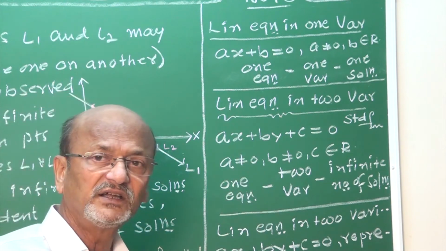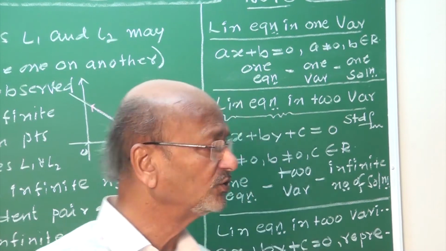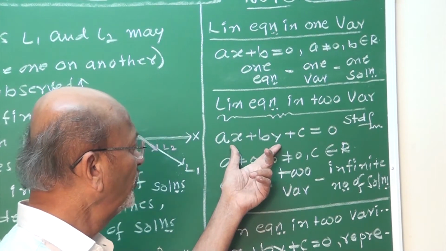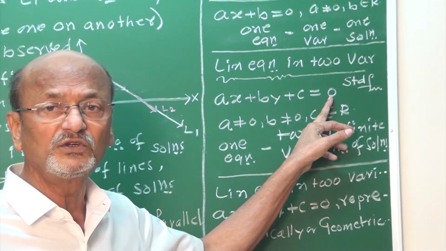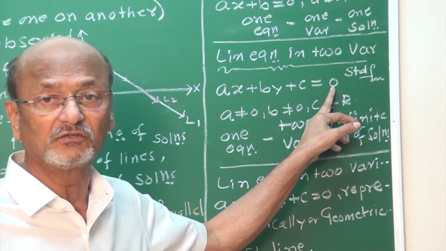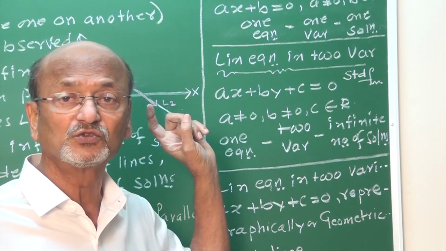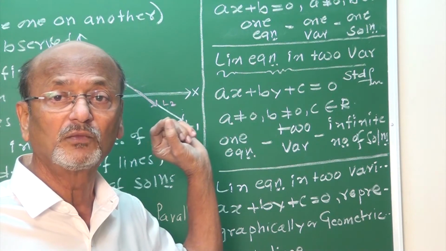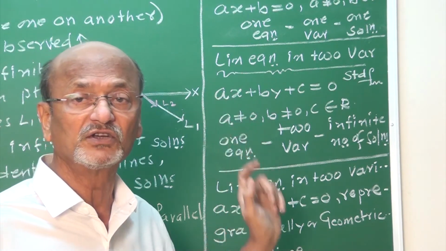Therefore, by taking different values of x and y which satisfy this linear equation, the values of x and y which satisfy the linear equation give the solution of the linear equation. For a linear equation containing two variables, there exist what? An infinite number of values of the pair x and y that satisfy the given equation.